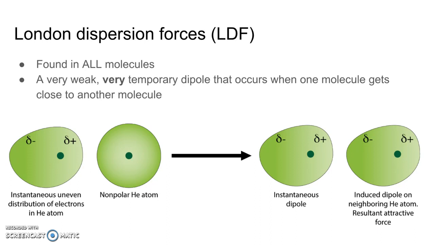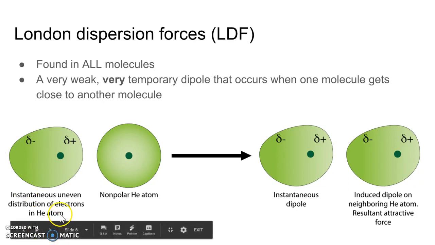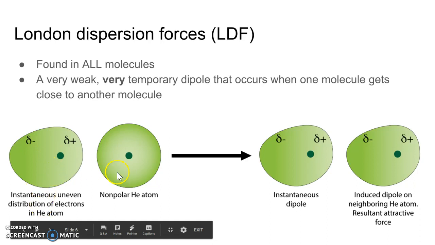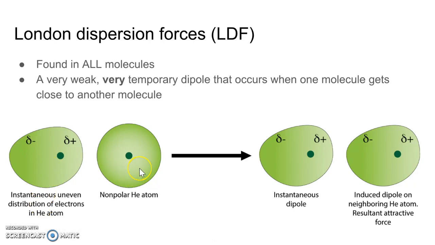And we've used this word in class before, but it's just this idea that there is an uneven distribution of electrons in one thing or another. So in this particular example down here, you've got the helium atom. If I have this uneven distribution of electrons in this helium atom, and it's near this other helium atom that didn't have any uneven distribution of electrons, well, if this is close to this, you can imagine that this positive charge is going to have an effect on the electrons over here.